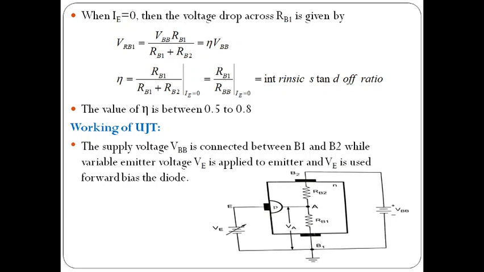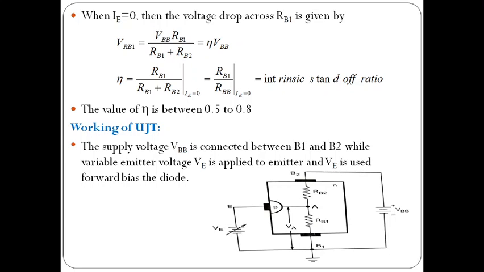Then the working of UJT. The biasing is applied by using two batteries. One battery is used to provide VBB: the positive terminal of the battery is connected to the B2 terminal and the negative terminal is connected to B1.